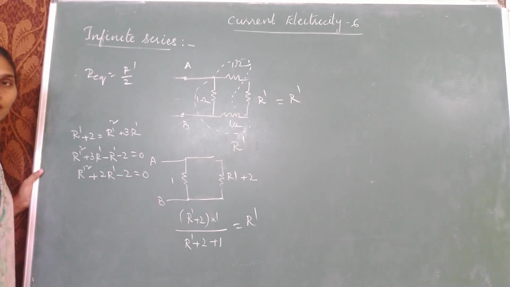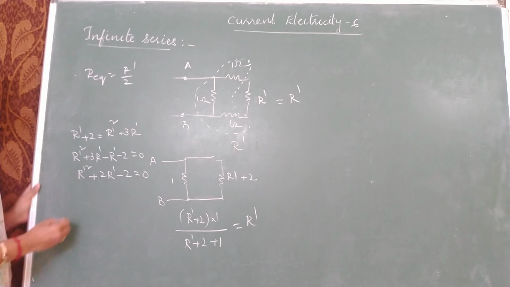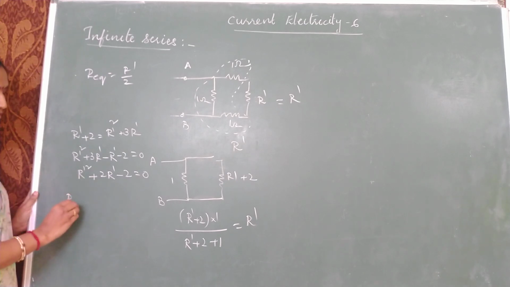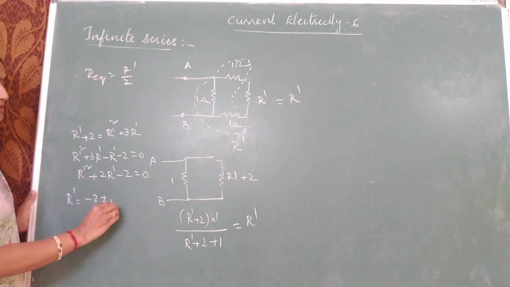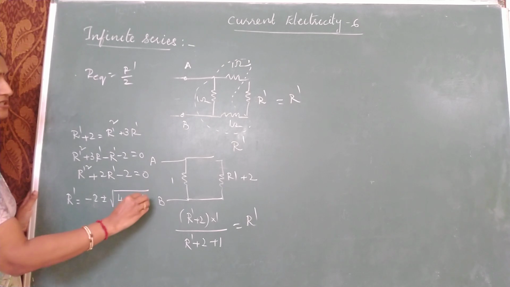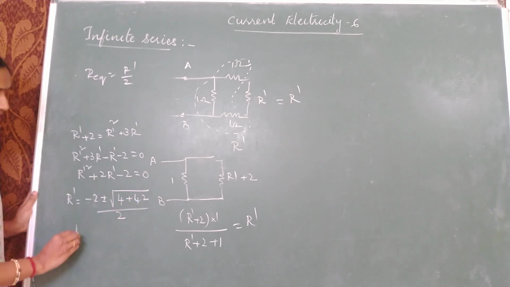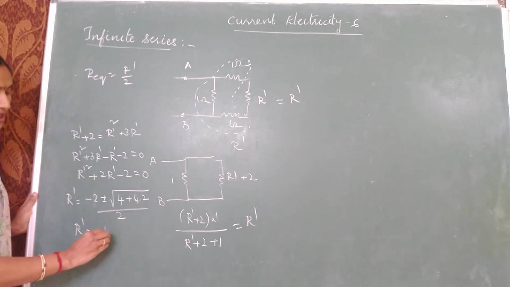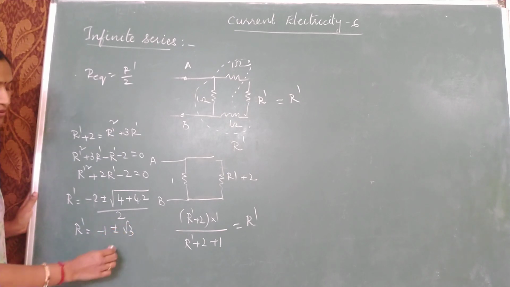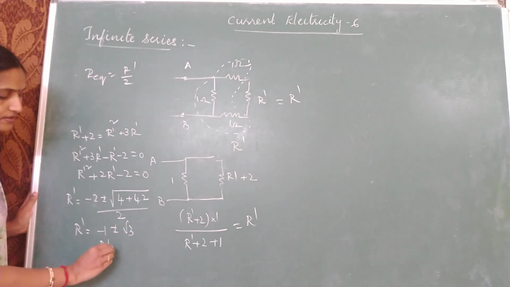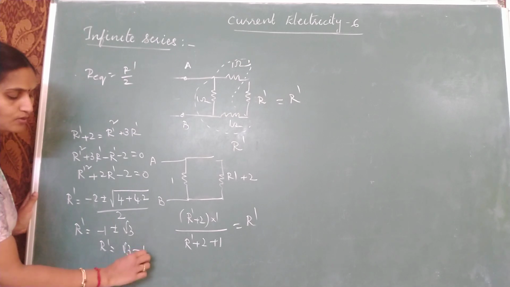Did we get the same relation previously also? Solve the quadratic equation: minus B plus or minus under root B square minus 4AC by 2A. You will get R dash as minus 1 plus or minus root 3. Minus cannot be taken. So R dash is root 3 minus 1.